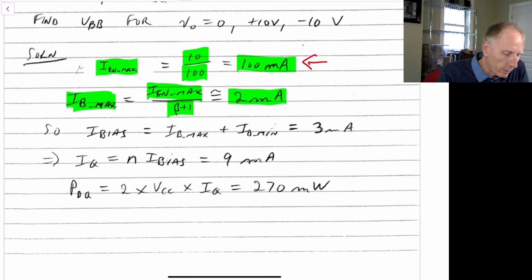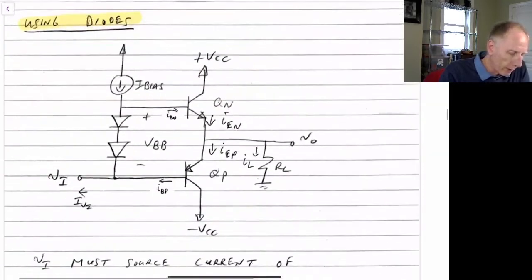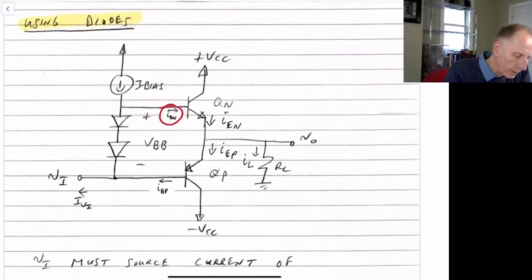So the maximum current that we're going to have going through the NPN transistor, the base current, is going to be 2 milliamps. So the maximum current we'd ever expect to see here will be 2 milliamps this direction, because we have 100 milliamps going through here, and our beta is approximately equal to 50. But if this is 2 milliamps, we want to have at least 1 milliamp flowing through here.